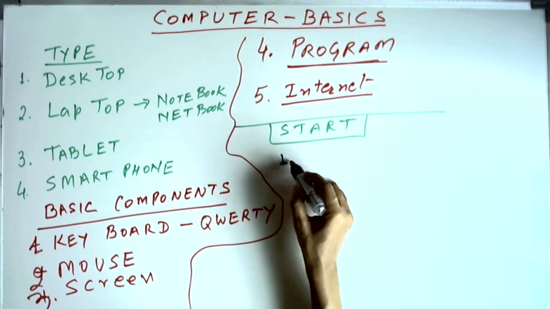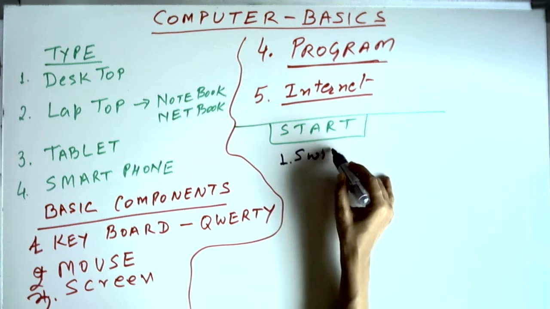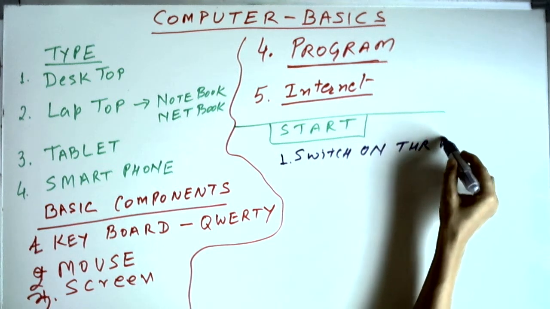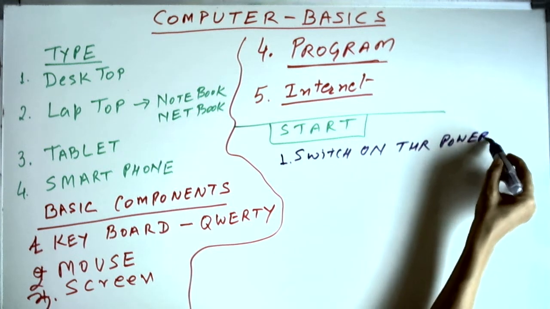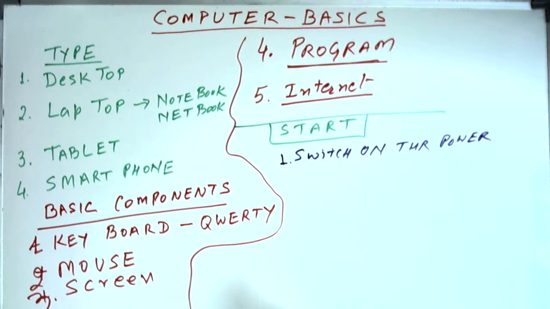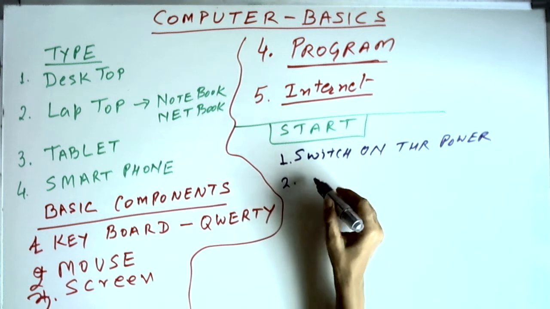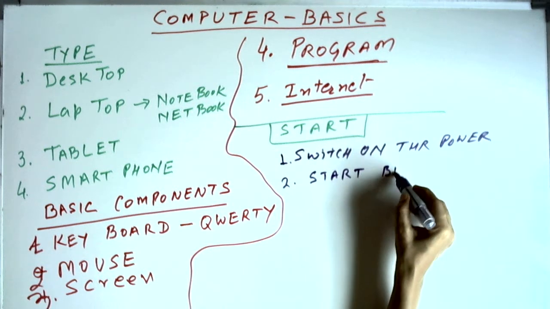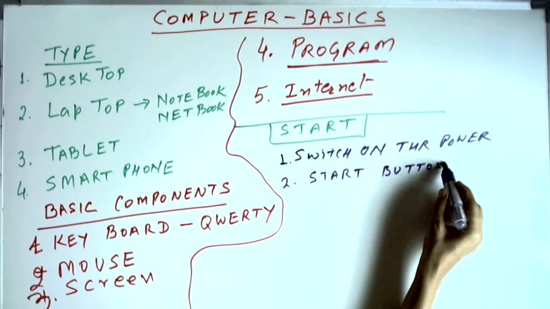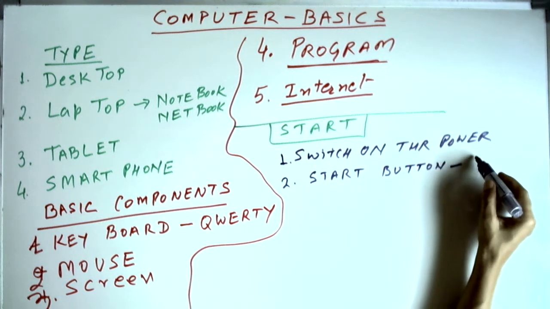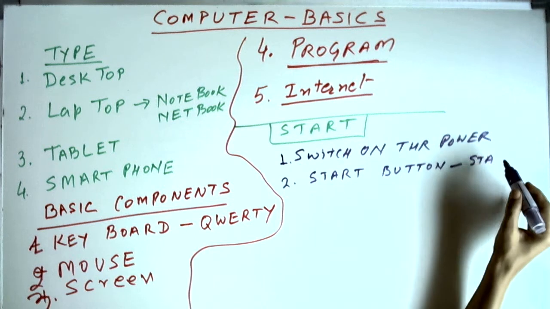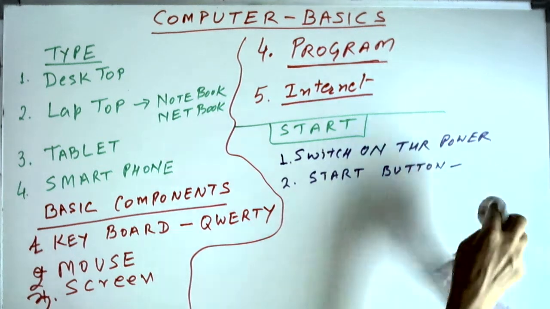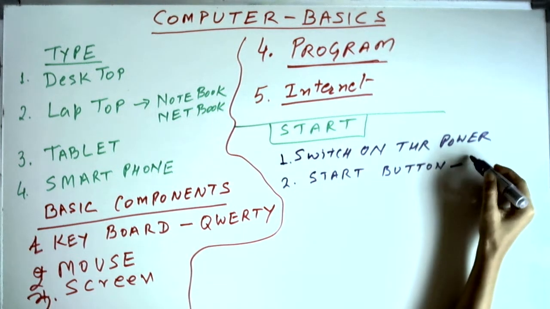The first step is to switch on the power. Power means electricity. Once you have done that, there is another button on the computer, generally a start button, and you need to press it. Find wherever the start button is. You can find out from the manual, or ask someone where the start button is.